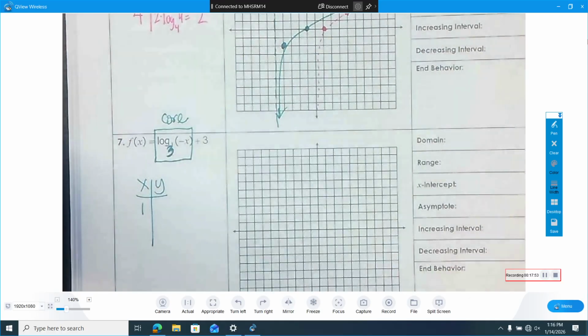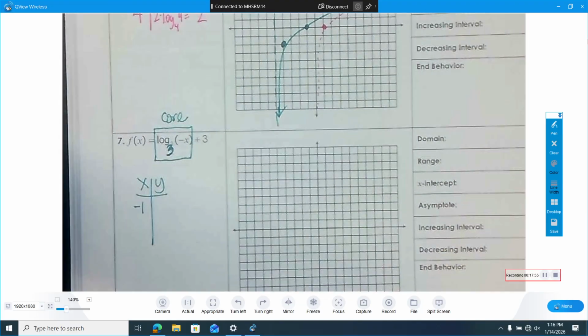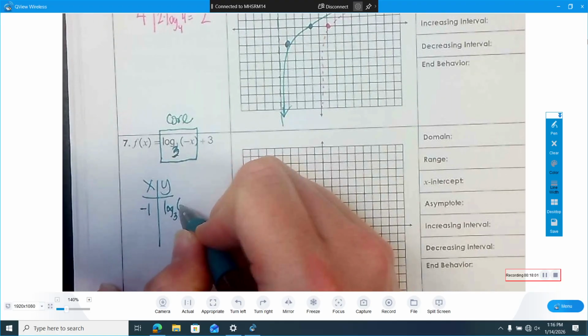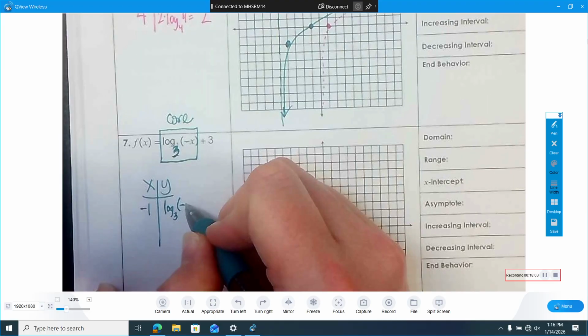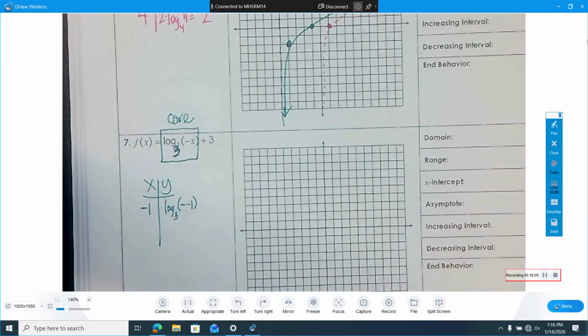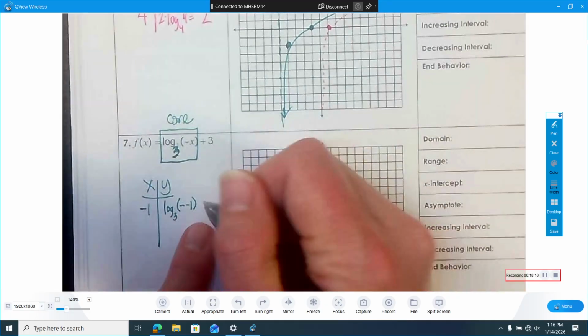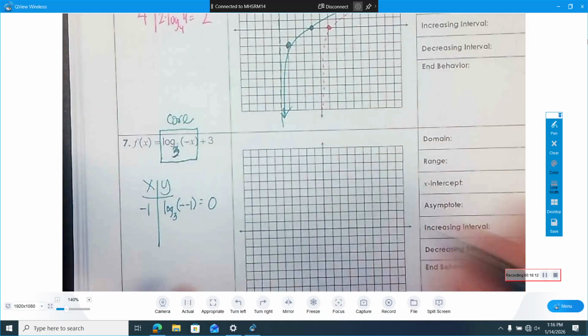So instead, I want to use the opposite value. I want my x to be -1. Watch what happens now. So I have log base 3 of the opposite of my x value, the opposite of -1, which gives you the positive 1. And now, what's the log of 1? 0.